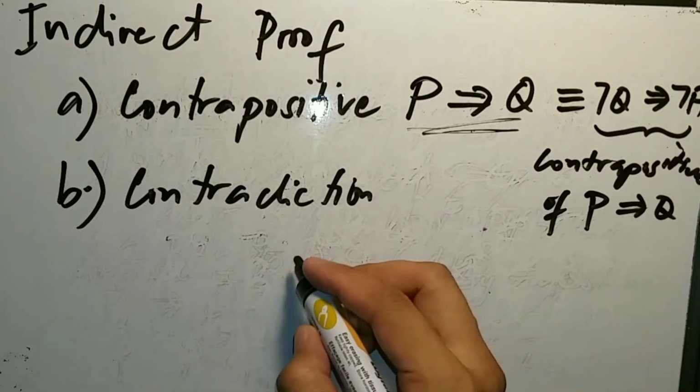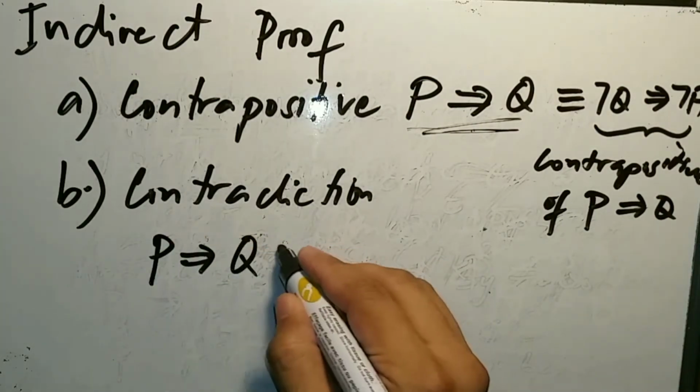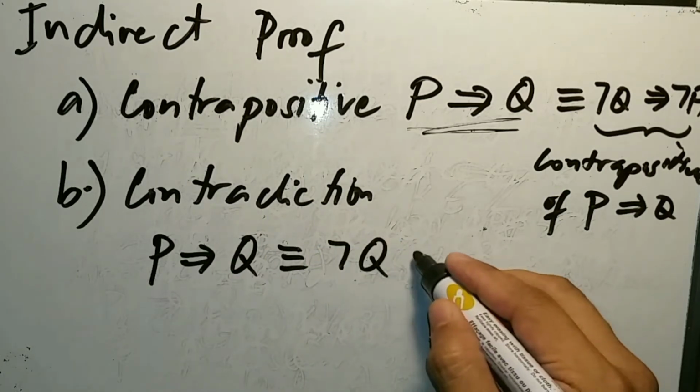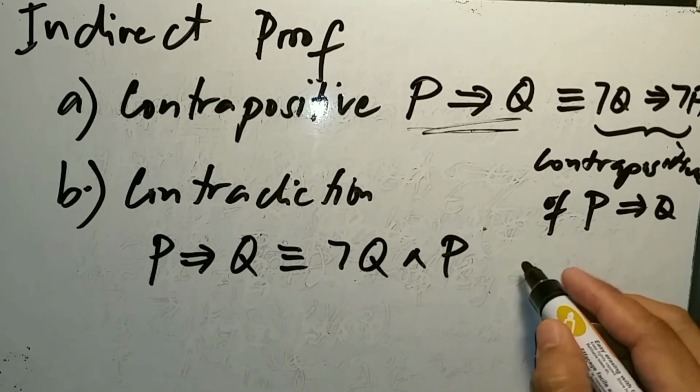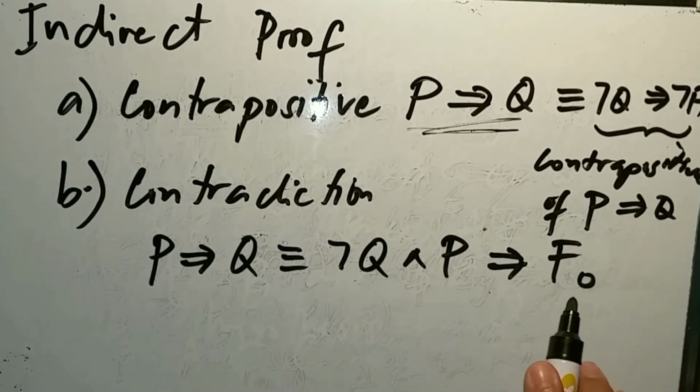And then for contradiction, P implies Q is logically equivalent to not Q and P implies a contradiction.